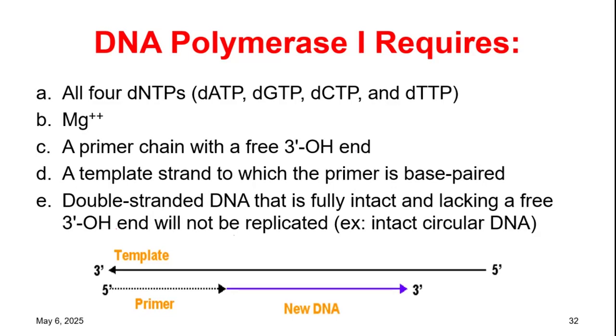And then we need a primer chain with a free 3 prime OH, because recall that that is the point of the reaction between the sugar and the phosphate. So then a template is required.